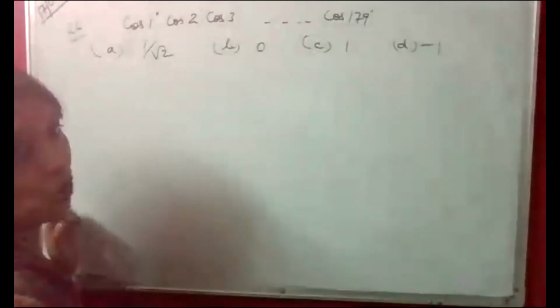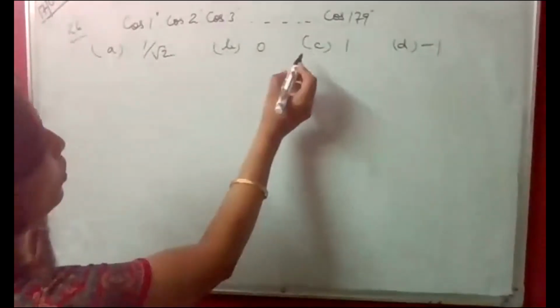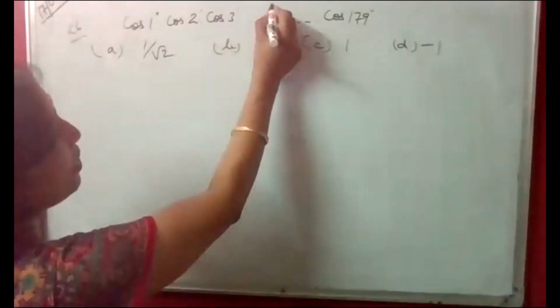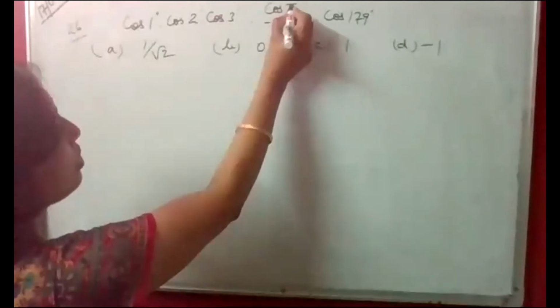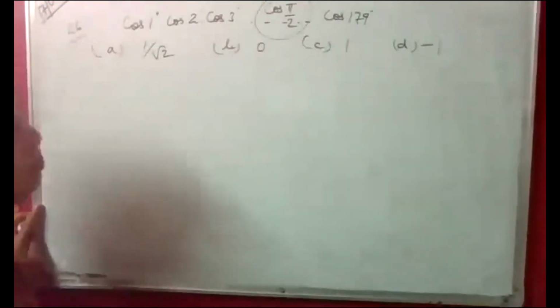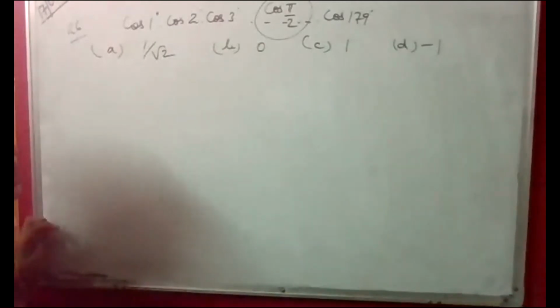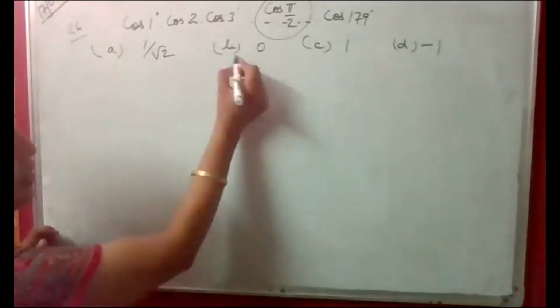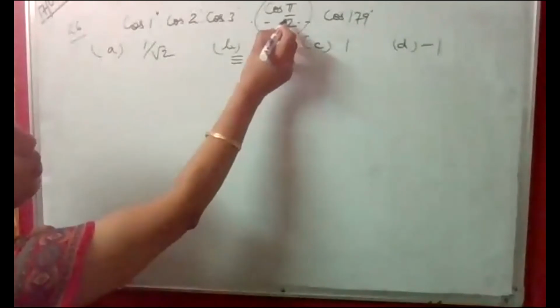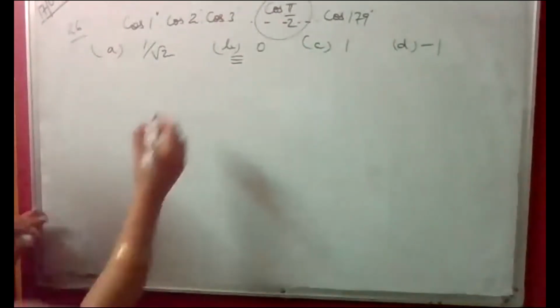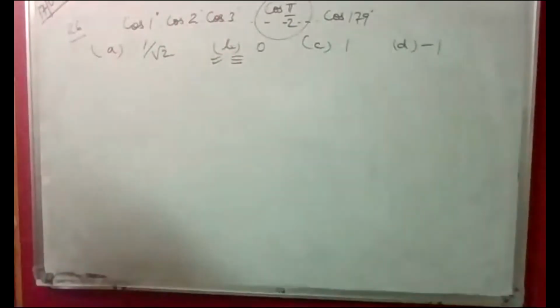So the answer is B, that is 0, because we will get cos 90 degree also in between. That is 0, and we know that anything multiplied by 0 is 0. So the answer is 0, that is B.